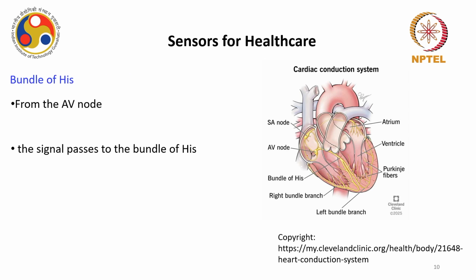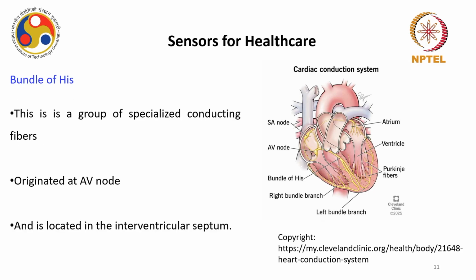Now, from the AV node, the signal passes to the bundle of His. A bundle of His is nothing but a group of specialized conducting fibers. This group of specialized conducting fibers originates at the AV node, and it finds its position in the interventricular septum.